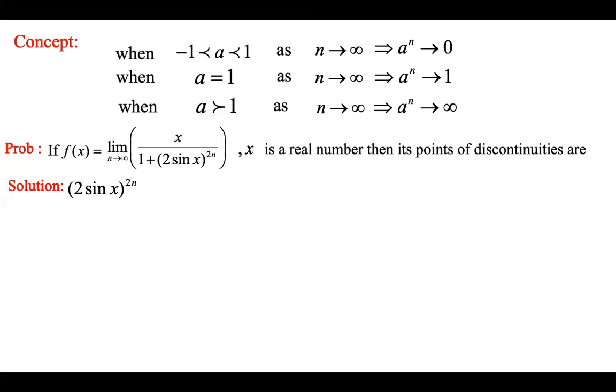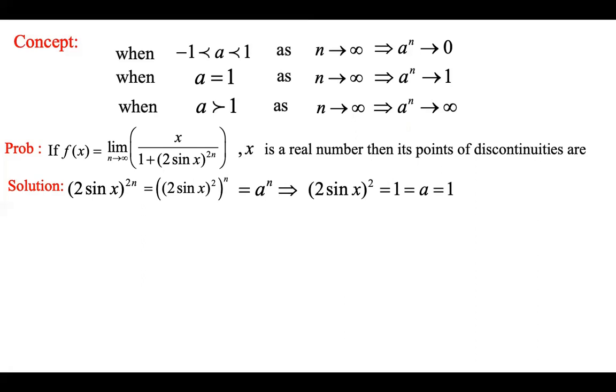Here in the given question, a to the power n role is played by (2 sin x) whole to the power 2n. That is the same as (2 sin x) whole square to the power n. This I will call the a to the power n. So from this, I got my a is (2 sin x) whole square.